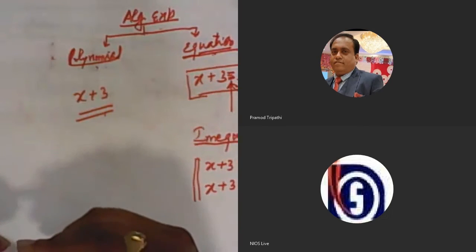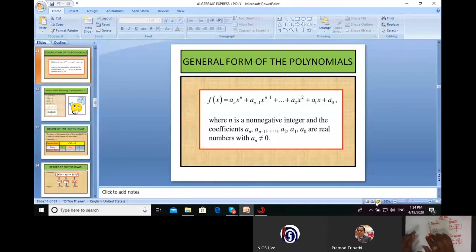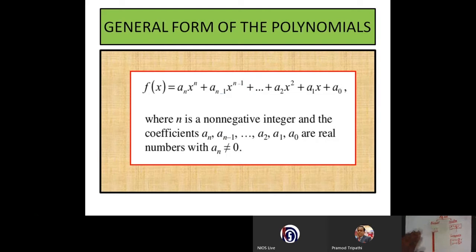Now we move to the terms and coefficient. So I think we have discussed here the general form of the polynomial. So f(x) equal a_n x raised to the power n plus a_(n-1) x raised to the power n minus 1, and it goes up to a_0.